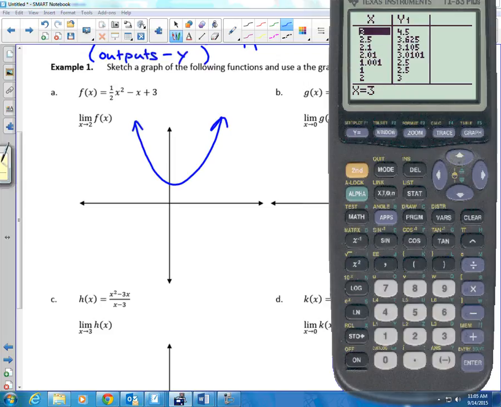Type in 1, 1.5, 1.9, 1.99. And you see that the values are approaching what? 3. So it sure seems like as x approaches 2, the y values approach 3. In fact, the limit is 3.